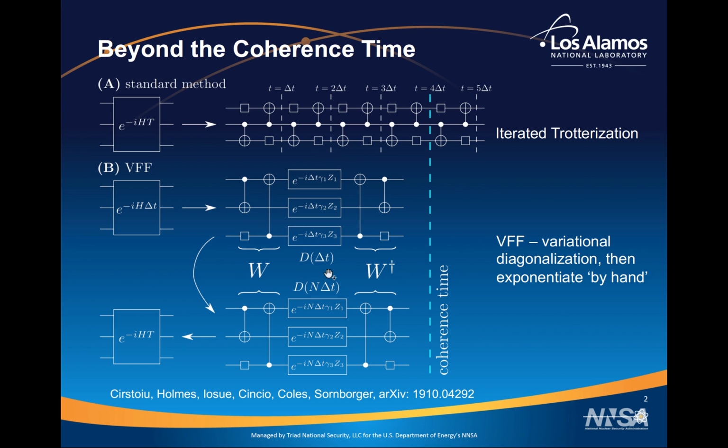And what that means is that we can exponentiate this unitary by hand, simply by modifying the parameter delta t inside the diagonal, and multiply it by some n, which will then give us a total simulation time t, which can be longer than the coherence time because this entire circuit, which is used for the simulation, lies within the coherence time.